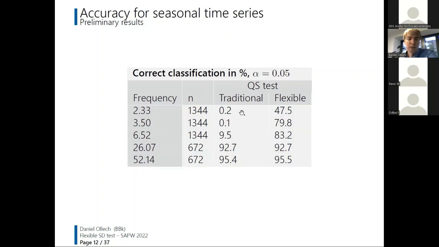Anyways, what we see with the traditional QS test, so if we ignore the non-integer nature, is very low detection rates of seasonal series, especially for the series with naturally fewer observations. The difference becomes smaller and smaller the longer the frequency and the more observations we get.